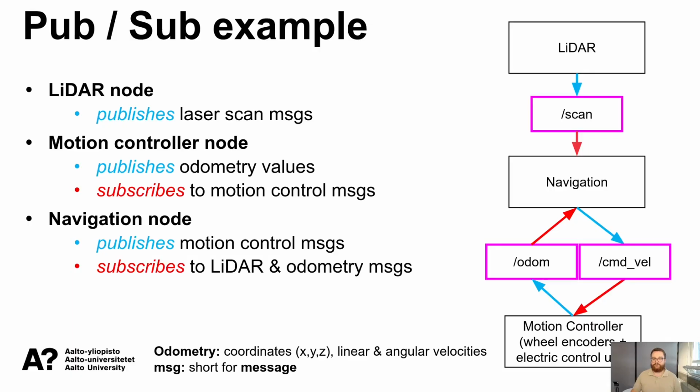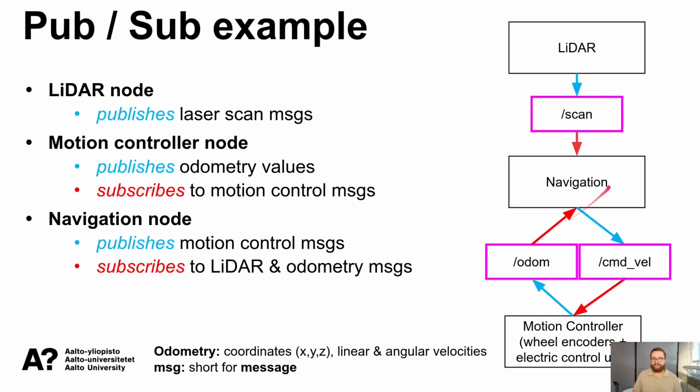And then this is a ROS solution that could be continuously running. So LiDAR data is being fed to the navigation node, which is using it for path planning, obstacle avoidance, and so on. It's publishing velocity commands, how the robot's motors should be used. This is implemented by the motion controller, which is then providing feedback of how the motors are actually being used, how the robot is moving.